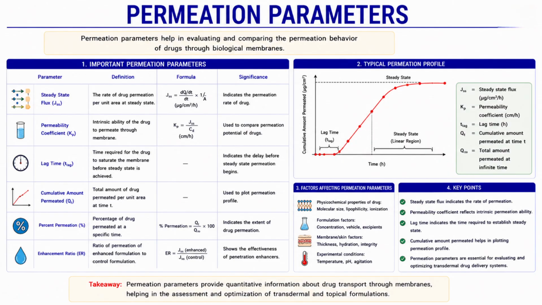The third is the lag time, which represents the time required before steady state permeation is established. A successful ethosomal formulation may demonstrate increased flux and reduced lag time. However, the interpretation should always be based on statistically valid comparisons.